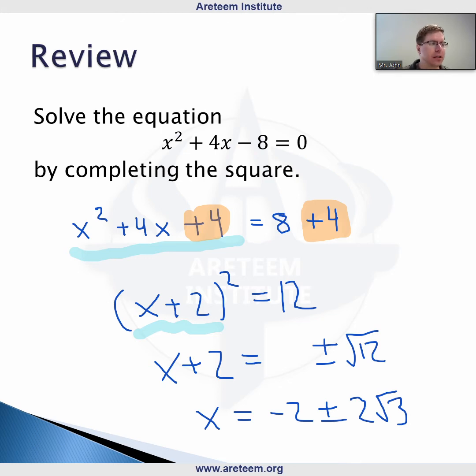Now, a little bit about the name off to the side. Going back to our original expression, x squared plus 4x minus 8, if we think about this geometrically, we get a square with a side length of x plus 2, so we have x plus 2 and x plus 2.